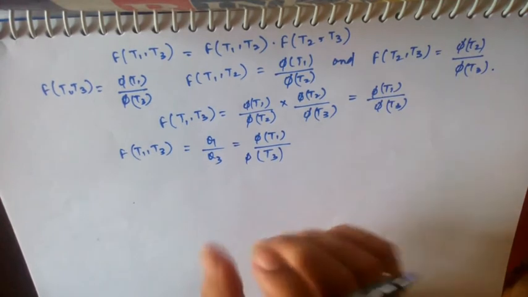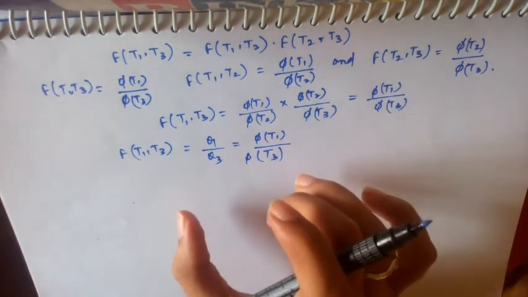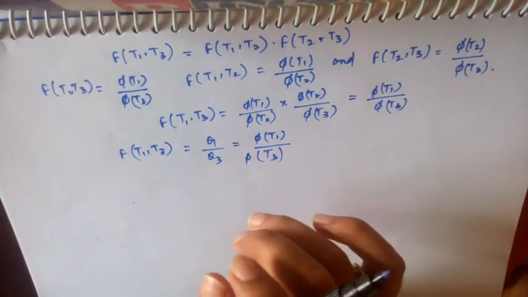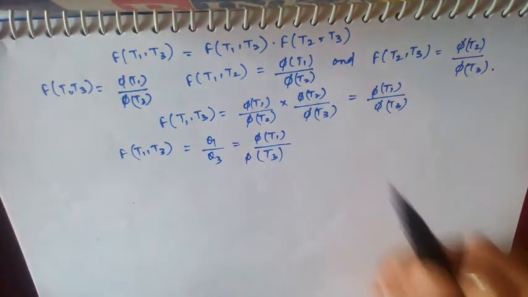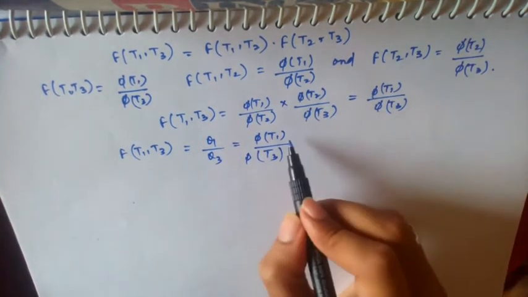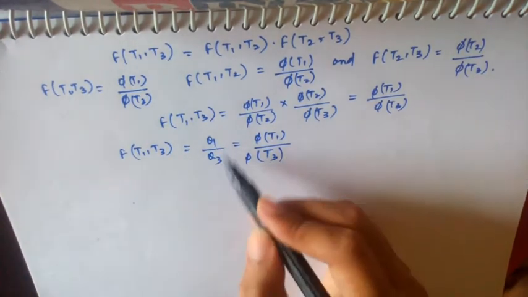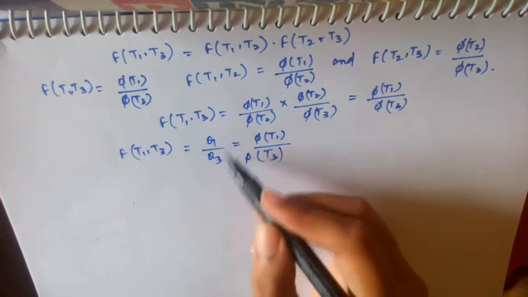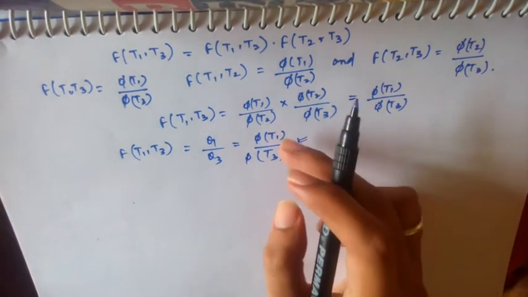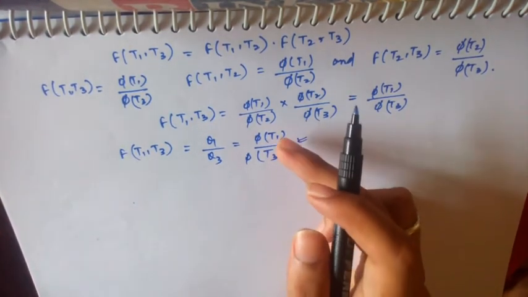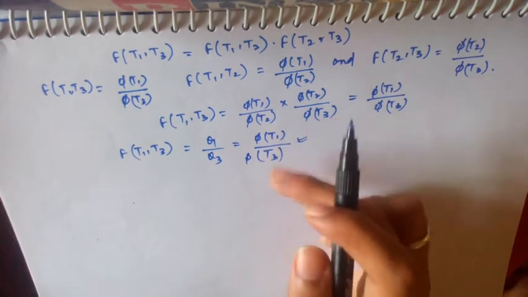We have come to this: Q1 upon Q3 is equal to phi(T1) upon phi(T3). Now the ratio of the heat taken and rejected by the heat engine has come out to be the ratio of some function of temperature of the two reservoirs between which the heat engine is working.